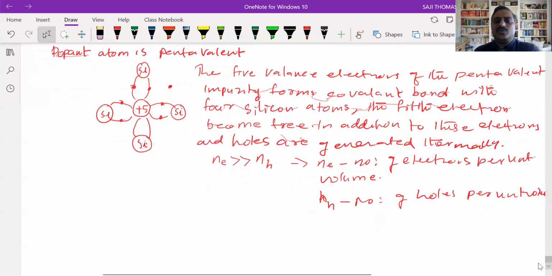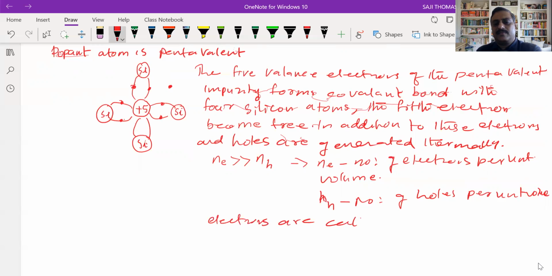Electrons are called majority carriers. Holes are minority carriers.